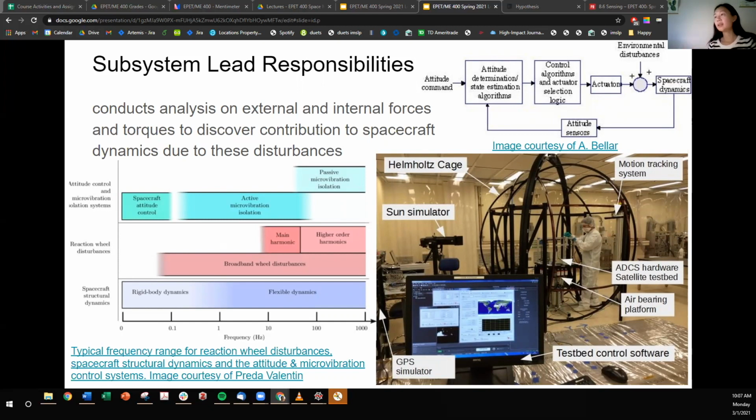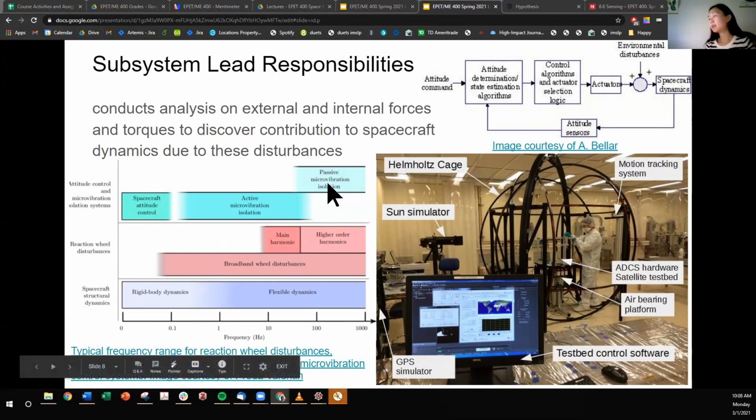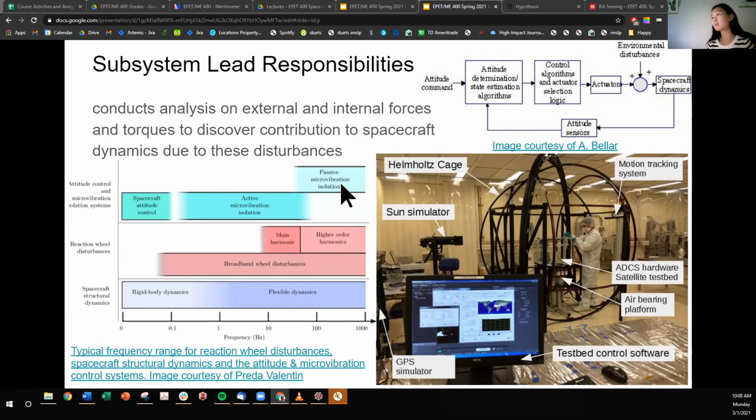You can imagine that that hand could be vibrations from components inside, like if there were a cryo cooler inside of the spacecraft. It could be the atmospheric drag that is imparted on the spacecraft if the spacecraft is in low Earth orbit. It could also be magnetic field disturbances if you have some kind of magnetic field within your spacecraft, like a bar magnet or your really strong electronics.